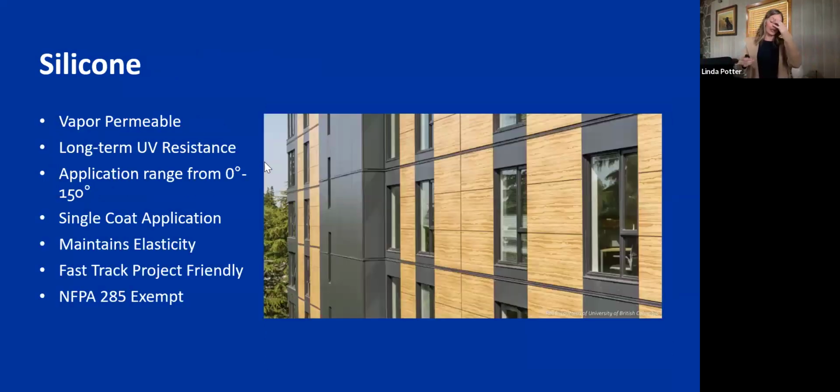There is a new, it's not new, some of you might be even using it, but I would say it's come onto the scene in the last 5 to 7 years stronger than it ever has. And that's seen silicone as that air barrier. It is vapor permeable. It's got that long-term UV resistance, a wide application range, can be done in a single coat, maintains its elasticity.